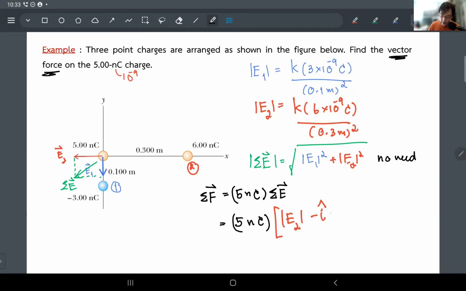And then plus, I have another component pointing along the y direction. It's going to be E1, but now E1 is pointing down. So this one is negative j direction. And that's it, guys. I can just answer this and be done with.